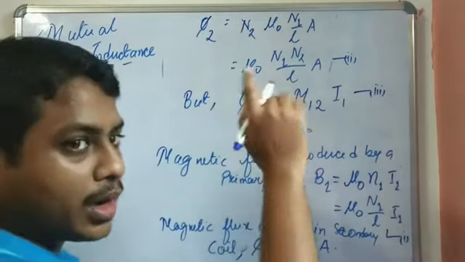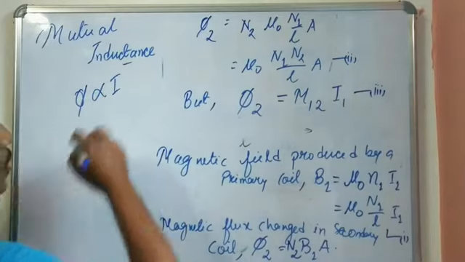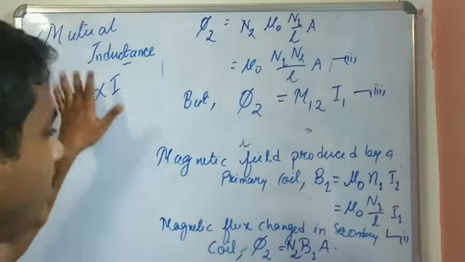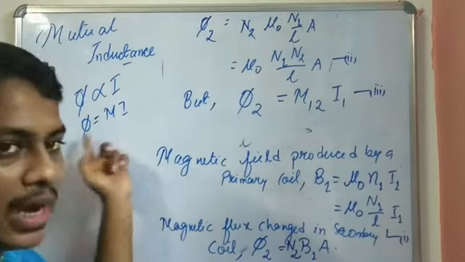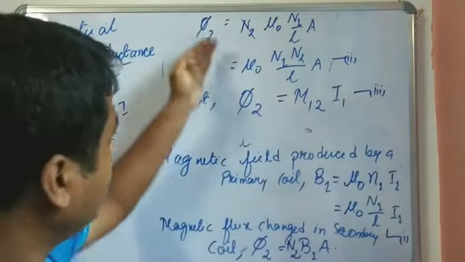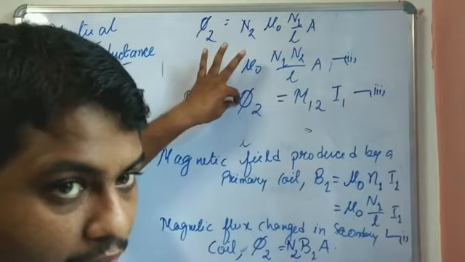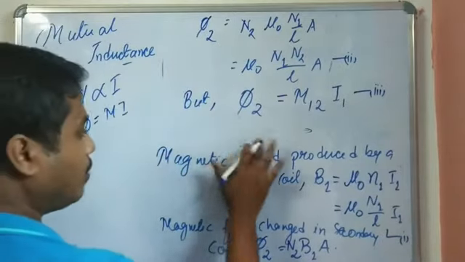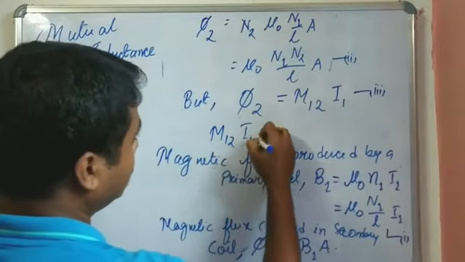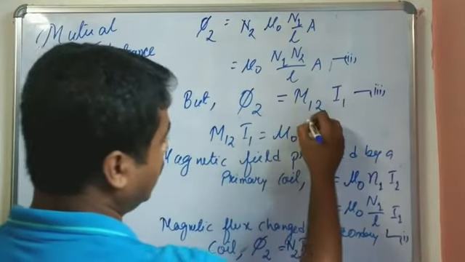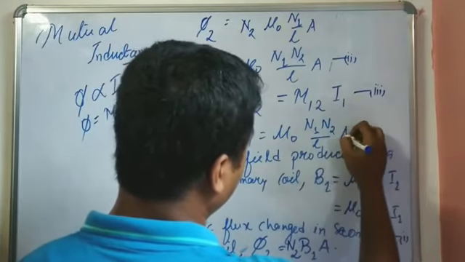This is the formula we got in the last class: phi is directly proportional to current. If I remove the proportionality symbol, you get the mutual inductance. Phi is equal to M I. So comparing equations 2 and 3, both left-hand sides are the same, so I can write M12 into I1 is equal to mu naught N1 N2 by L into A.